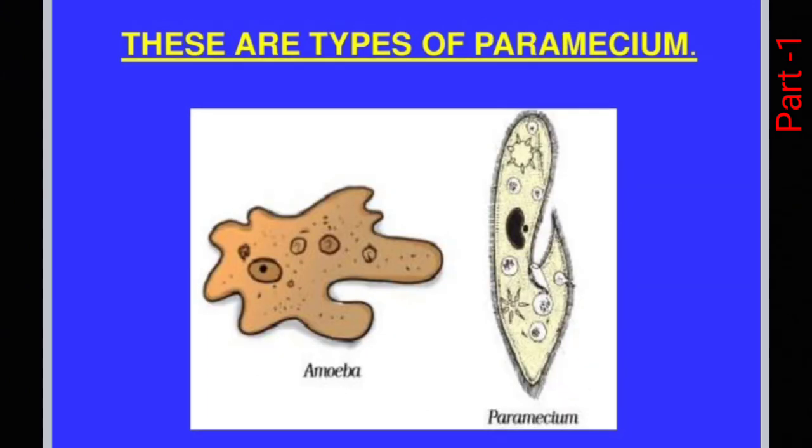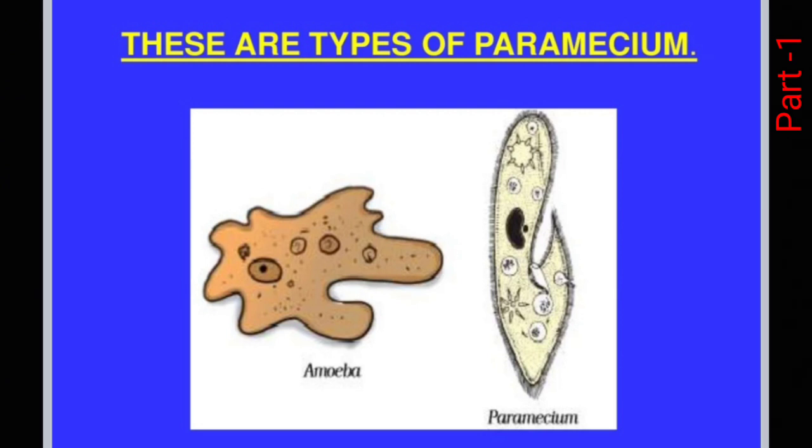Okay, coming to next topic. These are the types of paramecium. Fine, we have studied the bacteria shapes, and then we have studied algae shapes. Now next is your paramecium. First is amoeba, second is paramecium. You have studied about amoeba a lot in your previous classes also. Amoeba is a microorganism which is unicellular.